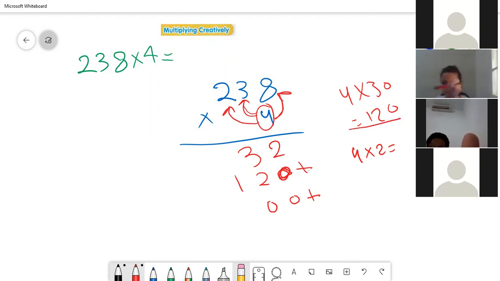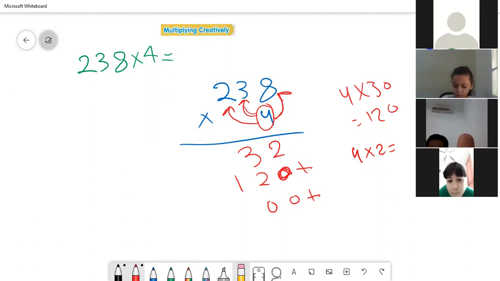So it is 120. And then multiplying 4 by 2 or by 200. Why 200? Because the 2 is in hundreds. So 4 times 200 is 800, right?